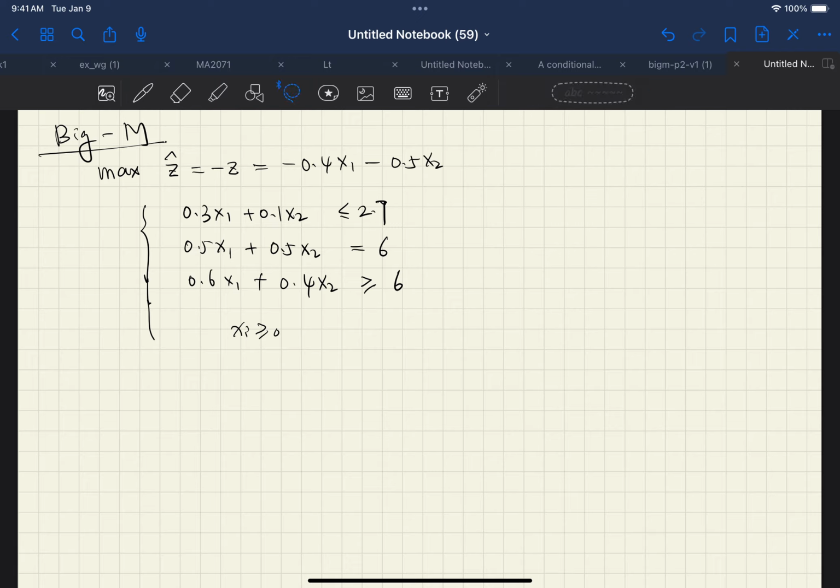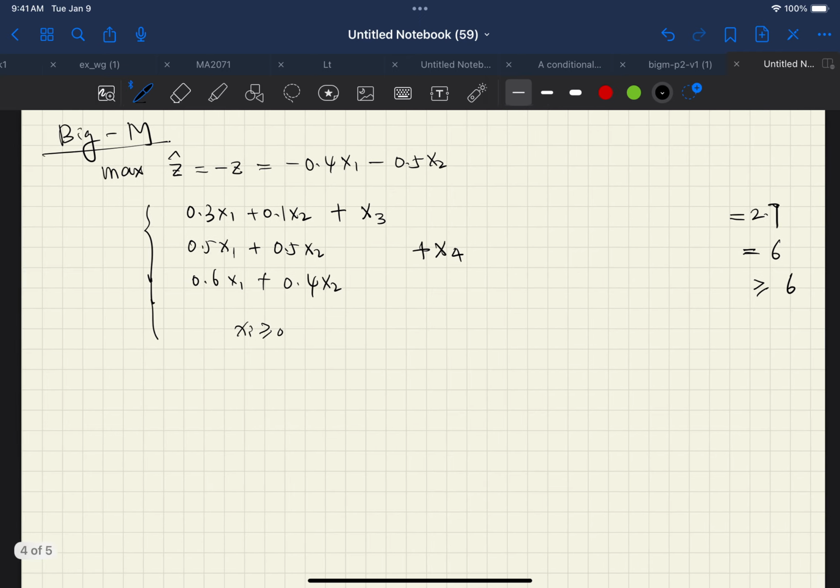But what I need is first I will leave a space for those artificial variables. And for this less than or equal sign, we can add the slack variable x3, and then we're allowed to change less than or equal to equality. For the equal sign, we can add x4 here, but this one should be punished.